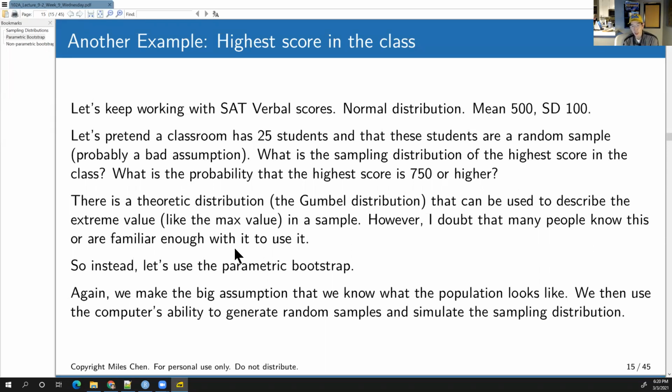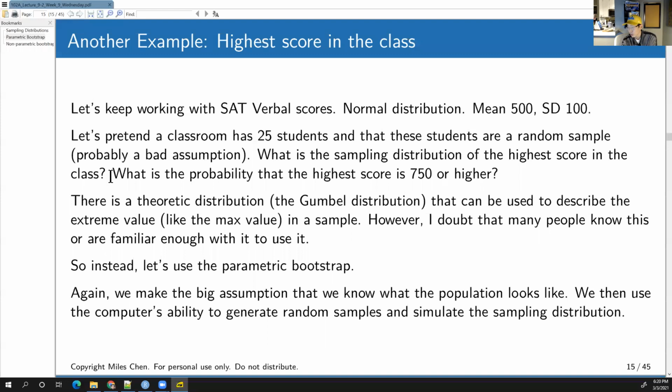That's probably a bad assumption because schools generally don't put students together randomly. They might separate them based on different tracks and things like that. But what we're curious about is the sampling distribution of the highest score in the class.